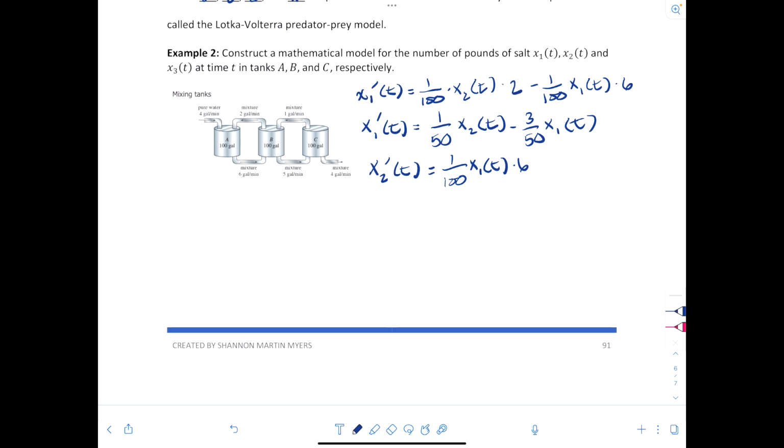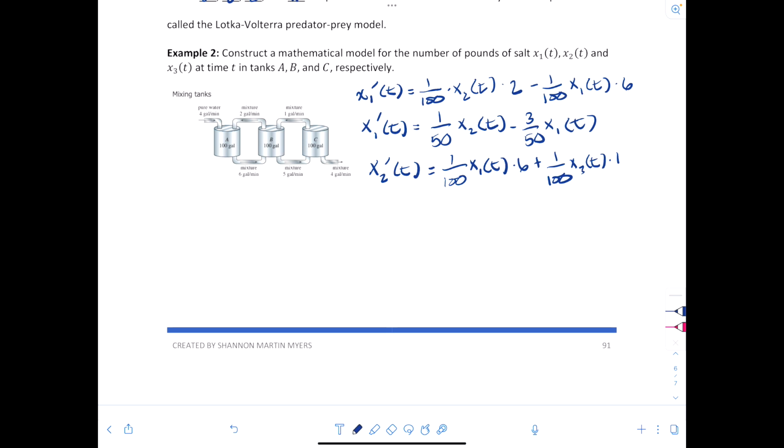And then we've also got x3 coming into tank B. So we'll have 1/100th times x3 at t, and that's just flowing at 1 gallon per minute.